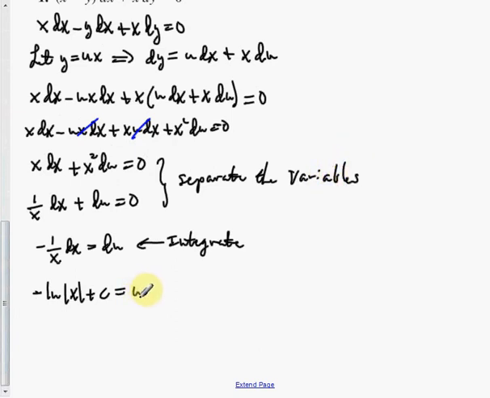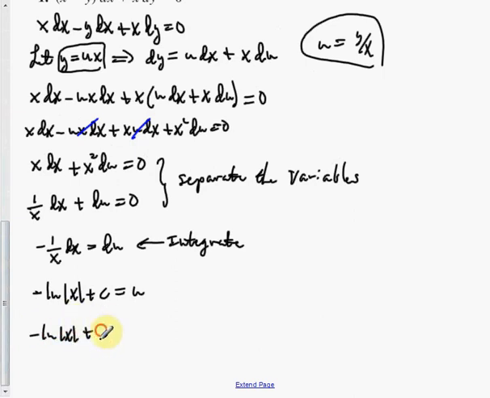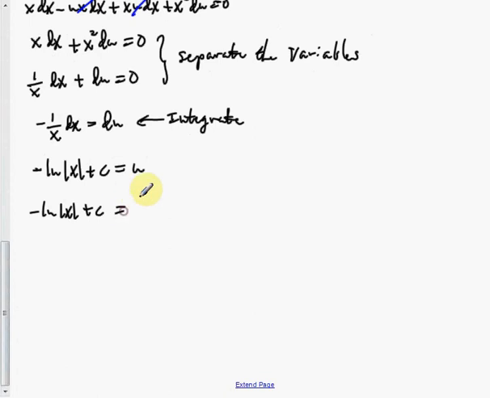So this u came from up here. And so u is equal to y over x. So we have negative natural log of the absolute value of x plus c is equal to y over x. Just multiply through by an x. So we get y is equal to c times x minus x times the natural log of x, or the absolute value of x.